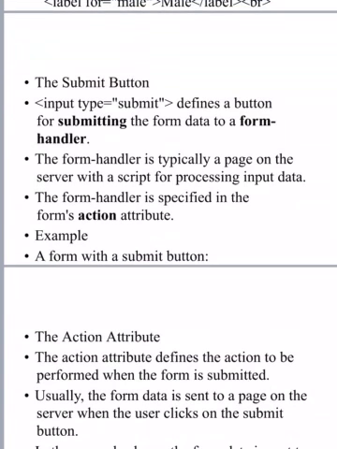So when we click that button, the form handler, typically a page on the server with a script for processing input data, is used. The form handler is specified in the form's action attribute. So an action is performed when we click that, and after performing the action, that action is listened to and processed, and then after processing it will get the results.